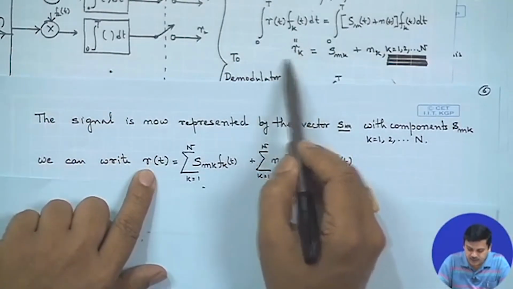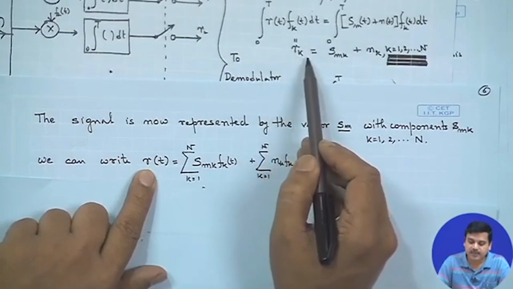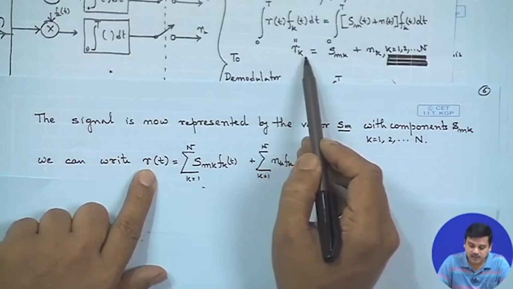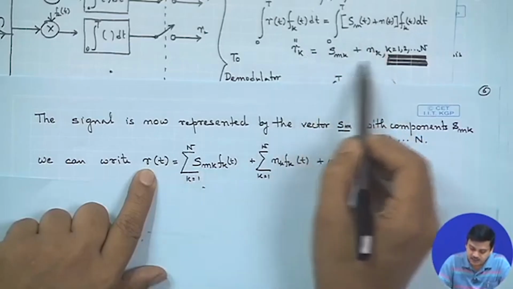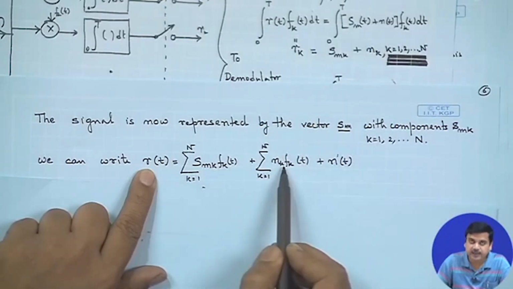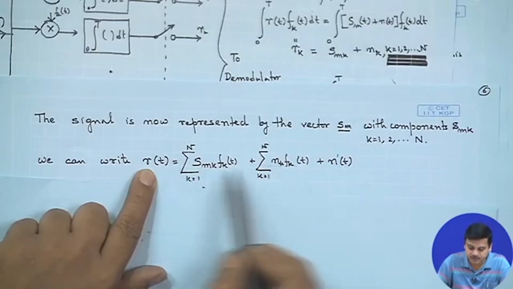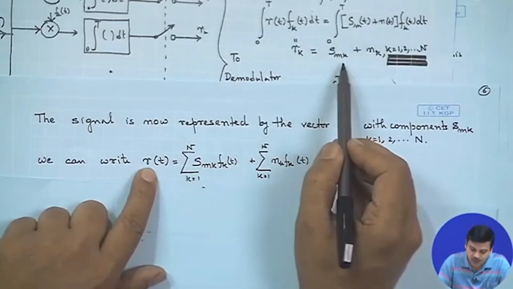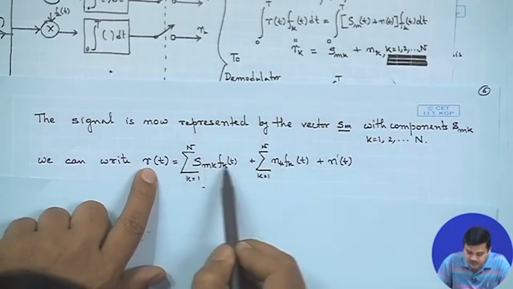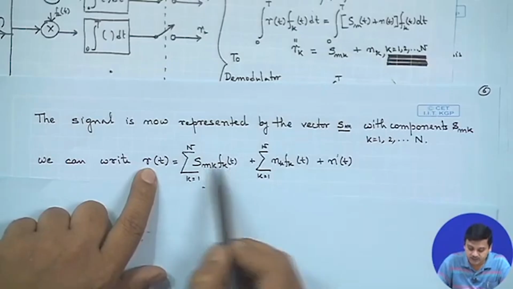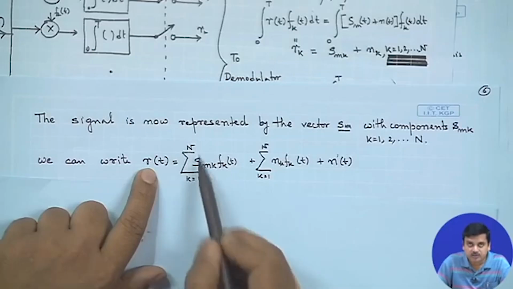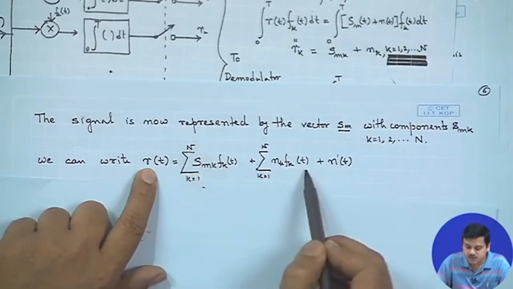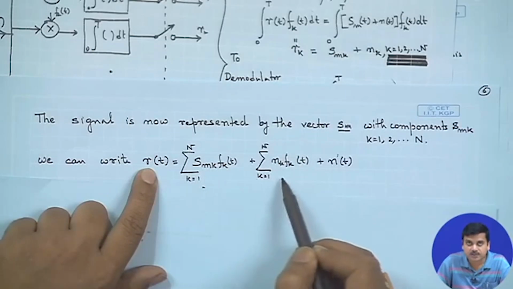You would sum r k multiplied by f k t. So, r k is basically S m k plus n k, multiplied by f k. So, it is the same story. What we have over here, r of t, is the signal coefficients, added as a linear combination over n dimensions, same with noise.